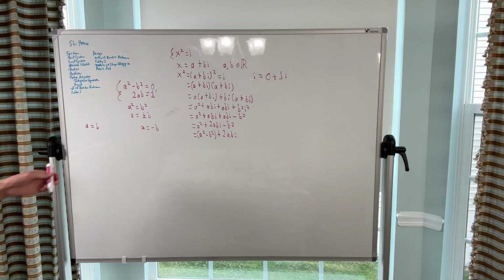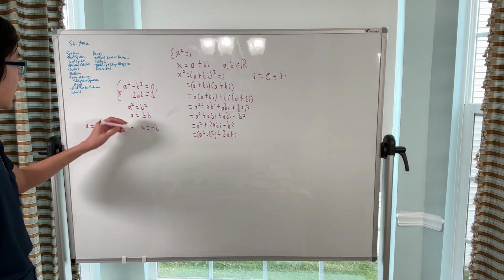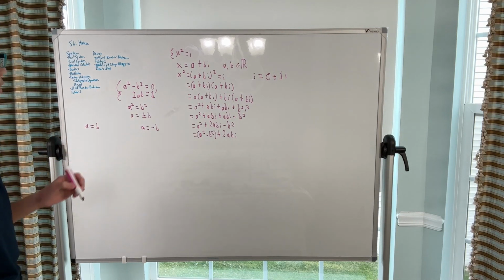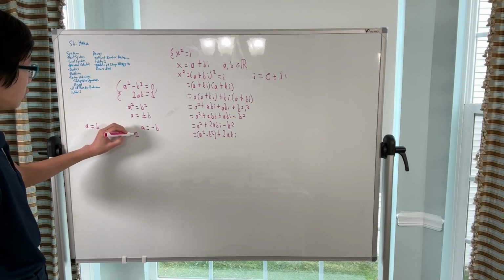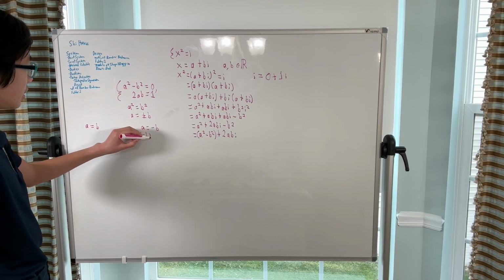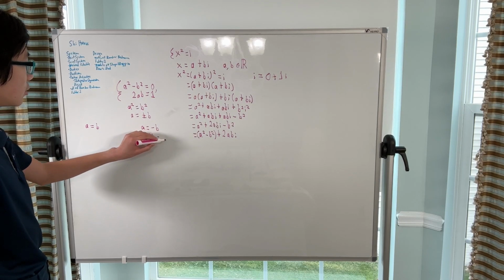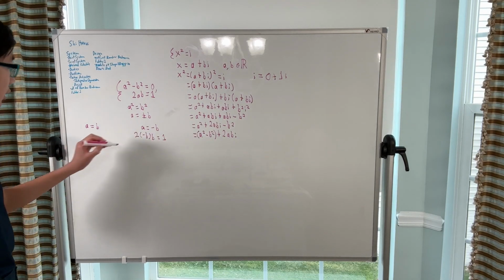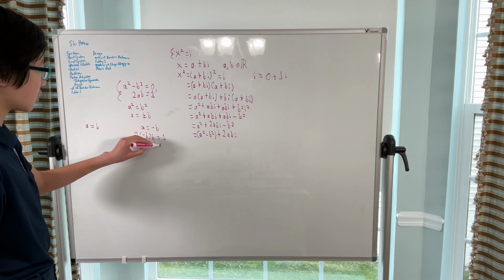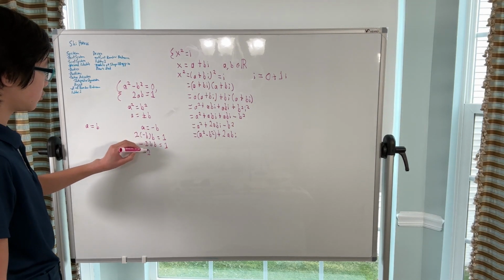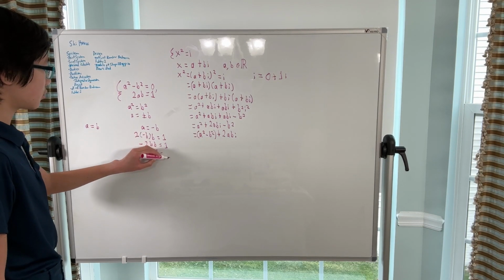Now, if a equals negative b and 2ab must equal 1, then we can write 2 times negative b times b equals 1. We can write negative 2bb equals 1, or negative 2b squared equals 1.